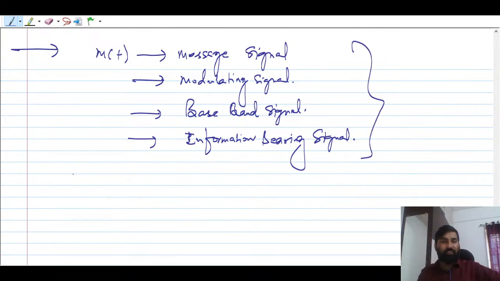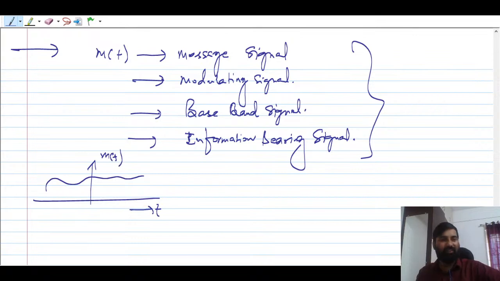Suppose your signal looks like this in the time domain. Some random signal is there. We can't find the Fourier transform of a random signal directly, so basically we should find out its power spectral density. This is a time domain signal, it is not limited in time, so you need to limit it in frequency. That is called band limited.